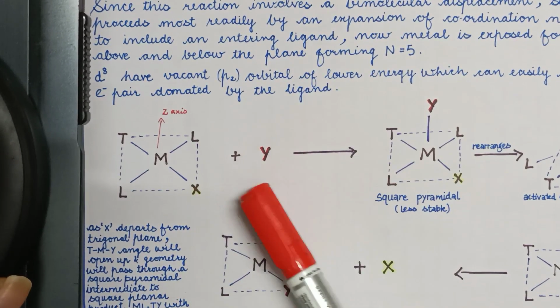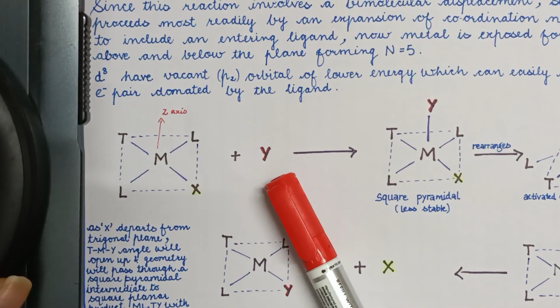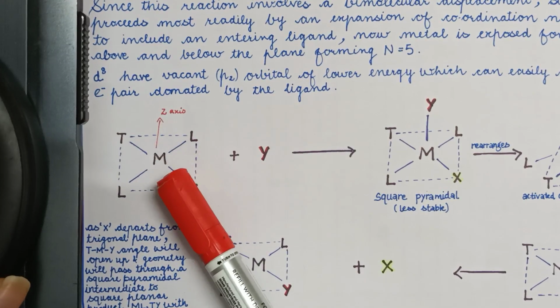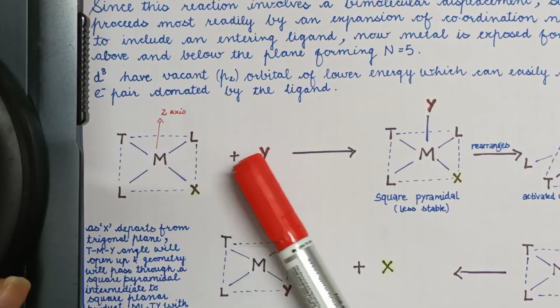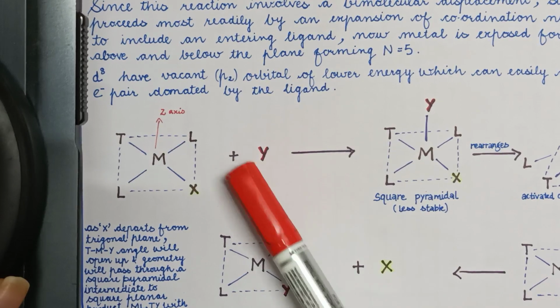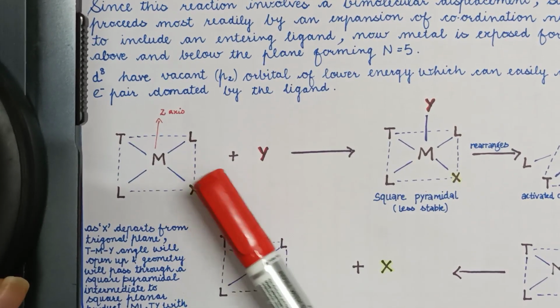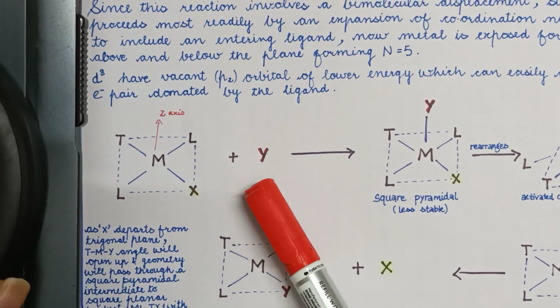So if an electron rich ligand approaches it, the pz orbital will easily accommodate the electron pair which would be donated by this only. There is no contribution of this metal. Coordination chemistry we are studying, right?